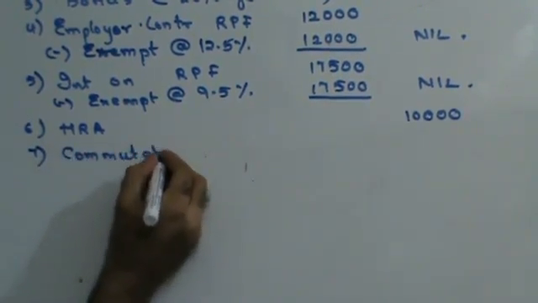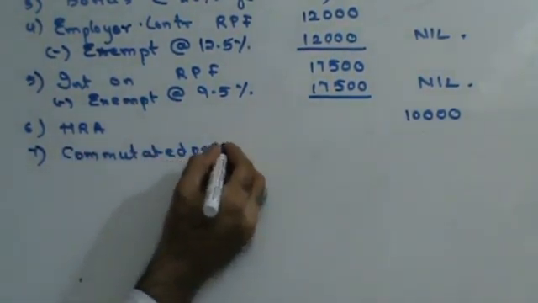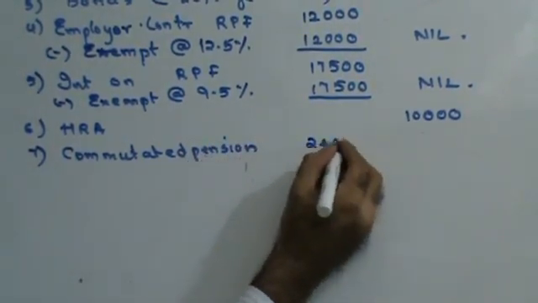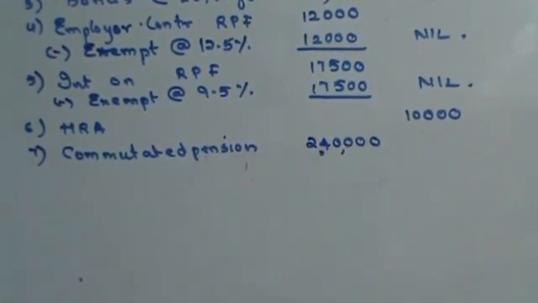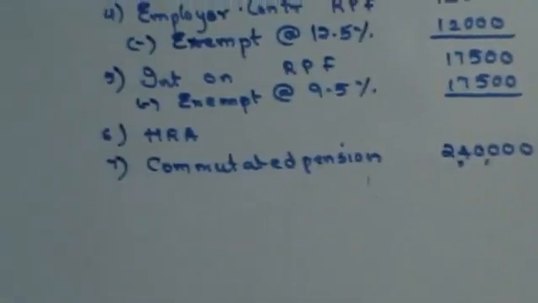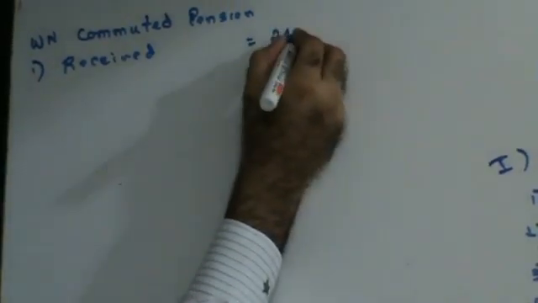Commuted pension. He has received commuted pension of 2,40,000. Let's calculate the exempt of this, guys. Can you please see the working note? Commuted pension received, A, is 2,40,000.